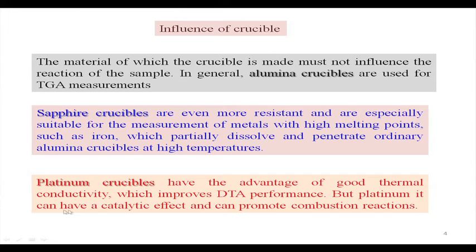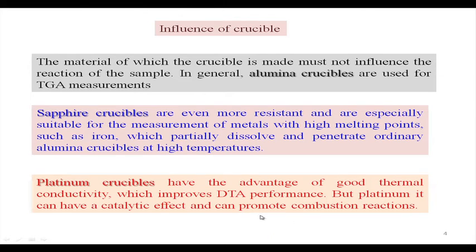Platinum can have a catalytic effect at the same time. We should also be careful that if we monitor some reaction in that particular crucible at high temperature, we should not use platinum, because platinum surfaces are very reactive, and sometimes catalytically reactive also, and sometimes it promotes combustion reactions, because the gases being formed can be degraded.